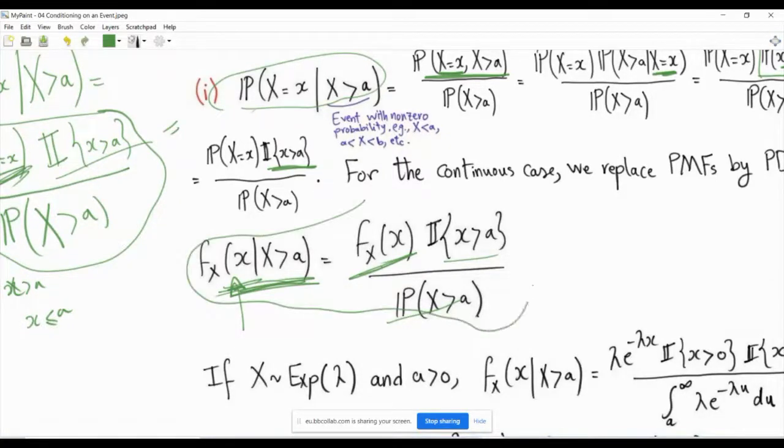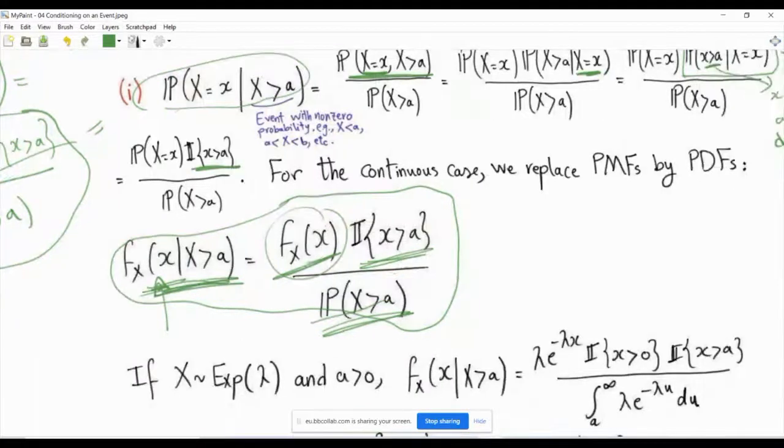So the PDF of a continuous random variable x conditioned on the event that x is greater than a: you need to divide by the probability that big X is greater than a, and then you need an indicator here to tell you that if your small x is less than or equal to a, then you should have a 0. Because if the event you are conditioning on tells you that your random variable is greater than a, then the conditional PDF, if you evaluate it at something less than a, should be 0. And this role will be played by this indicator here.